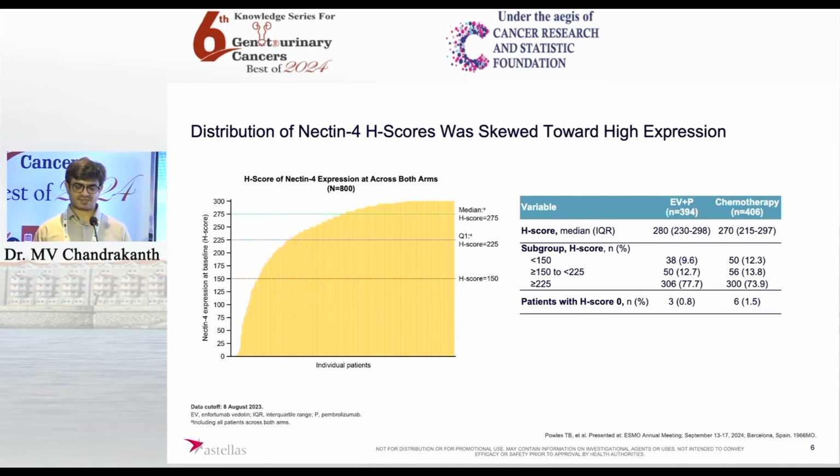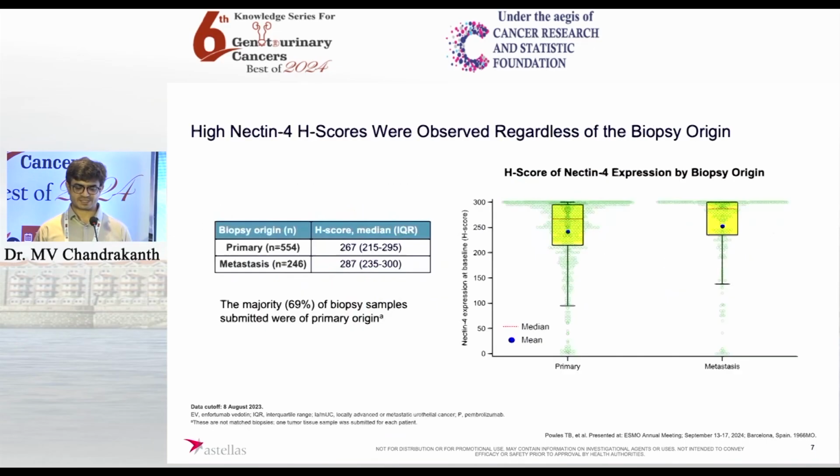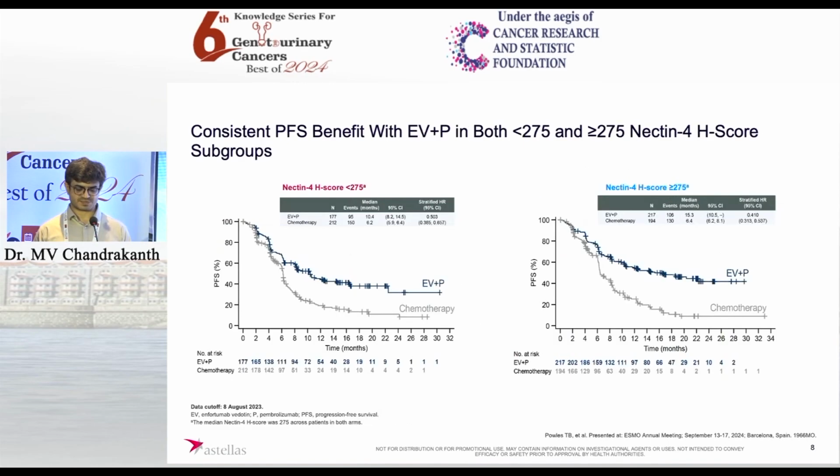That means urothelial carcinomas are Nectin-4 rich or Nectin-4 expressing tumors. Again, this is whether you biopsy from the primary or from the metastatic site. The metastatic site had a numerically higher nectin expression, but both had more than 225. That means it was a rich nectin expression.